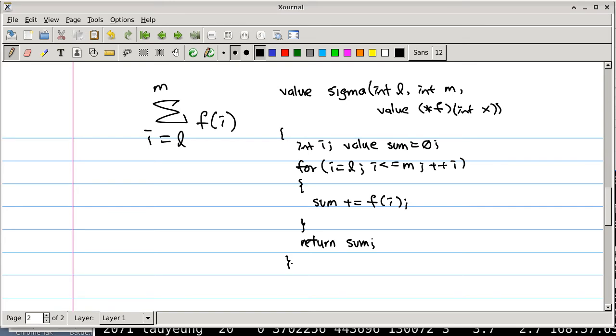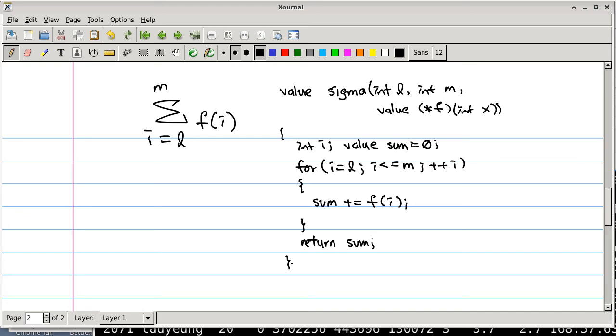So do we have any questions about the function itself? Forget about the sigma notation in mathematical notation. Do we have any questions about the sigma function? It is passed 3 parameters. L is the lower bound, M is the upper bound or the maximum, and then f is a pointer to a function. And for that particular function, you have to give it a particular integer as an argument, and it returns a particular value.